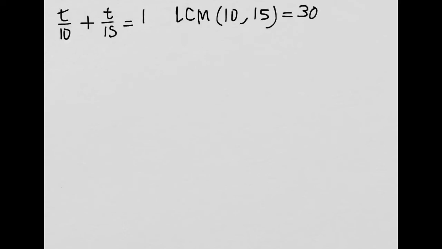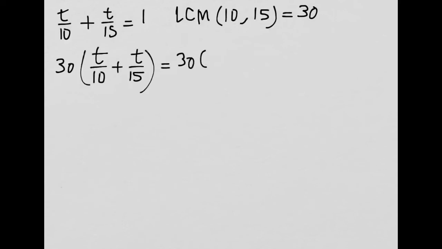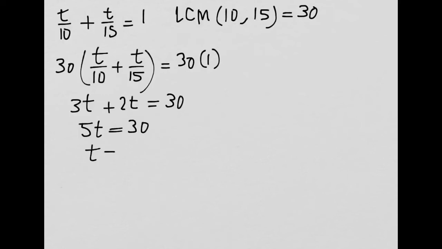Multiply by 30 on both sides of the equation. 30 times T/10 plus T/15 equals 30 times 1. 30 times T/10 is 3T, plus 30 times T/15 is 2T, equals 30. 5T equals 30, which means that T is 6 hours.